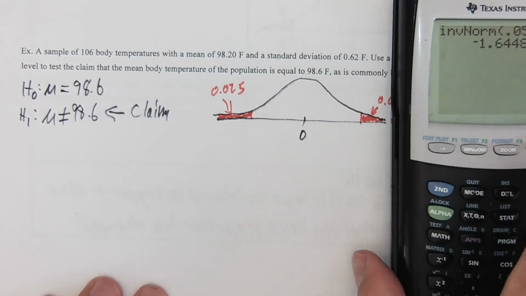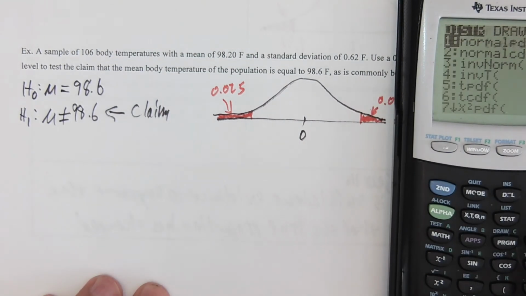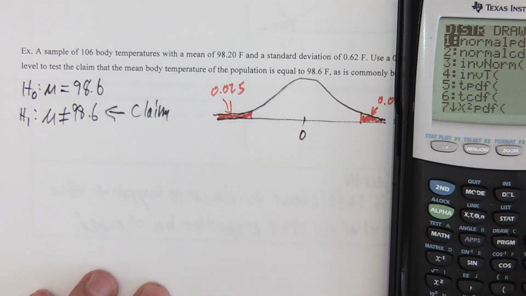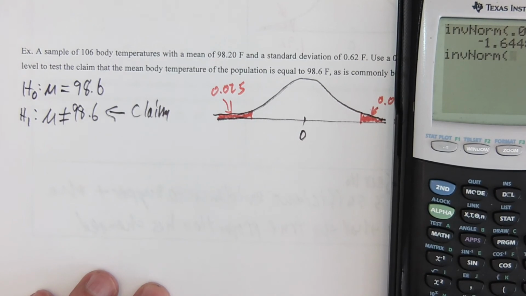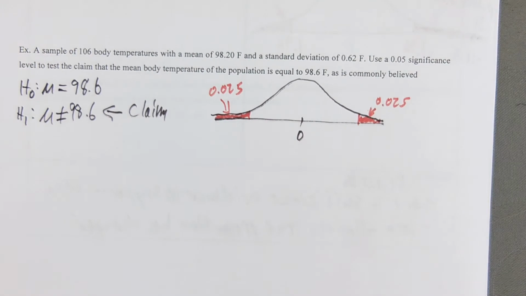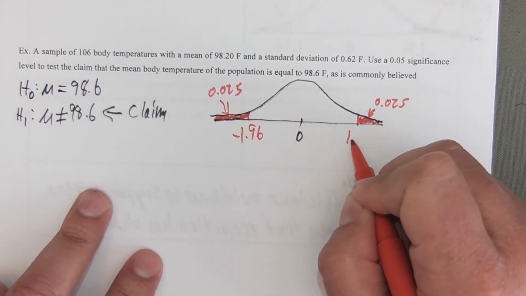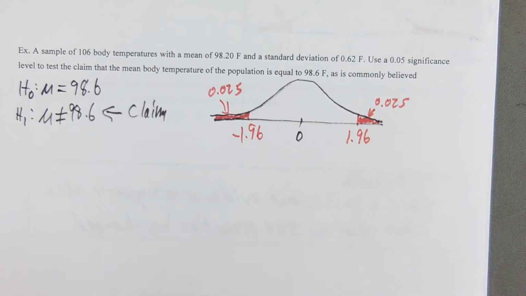And we can do inverse norm to get our critical values. Inverse norm, and area to the left, 0.025, negative 1.96. Which makes this also 1.96.